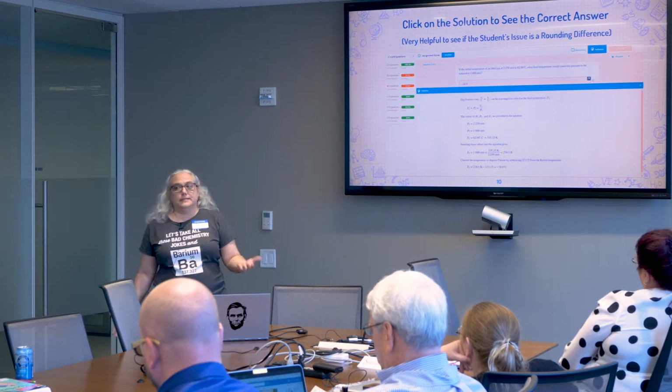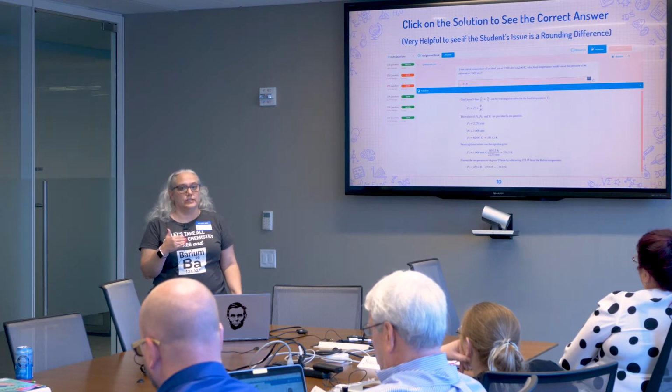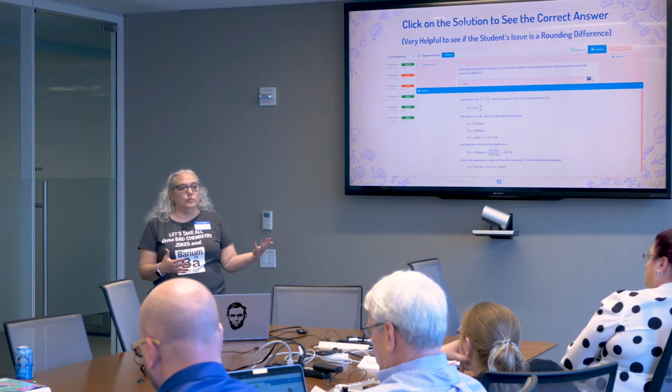Or did they mess it up because of a sign, which in Chem 2 is often a problem, because if energy is going in, it's positive, and if energy is going out, it's negative, and they may have done all of the math correctly, but just missed which direction the energy is flowing.